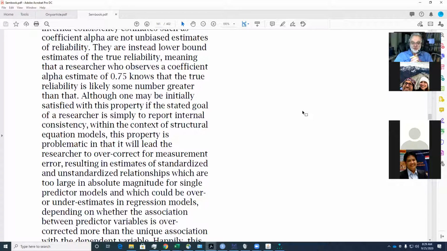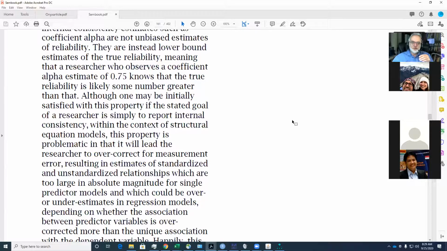However, there's a problem. Coefficient alpha is a lower bound on true reliability. That is, if I do my study and I calculate a coefficient alpha of 0.8, the actual reliability is likely higher.